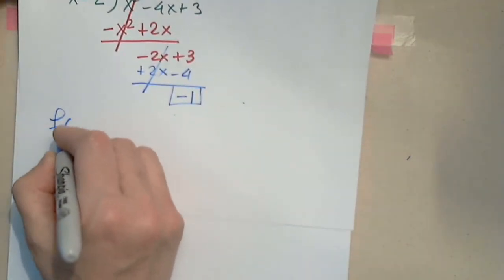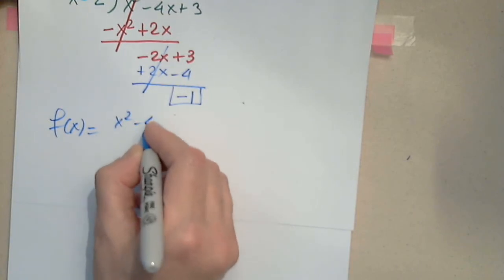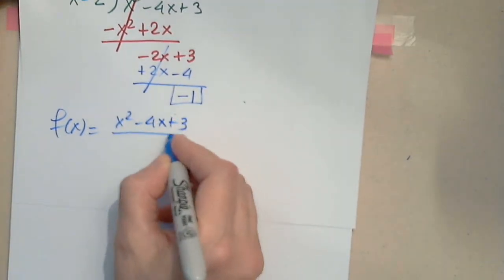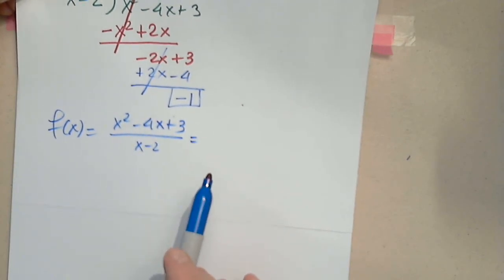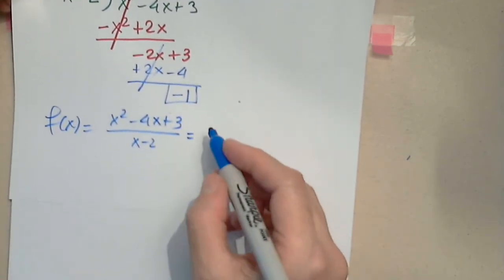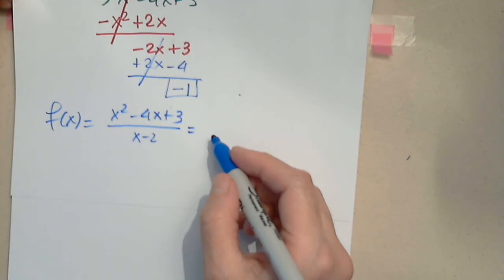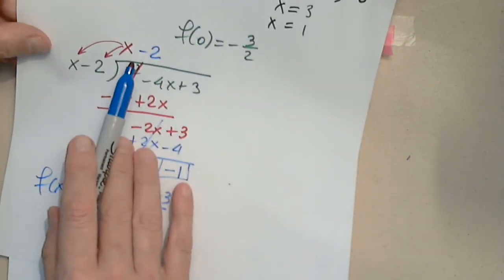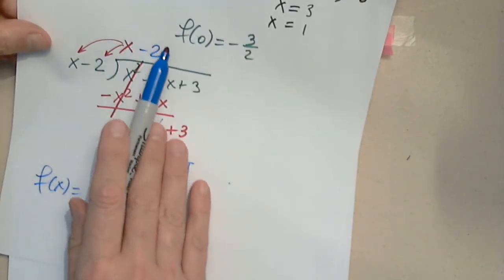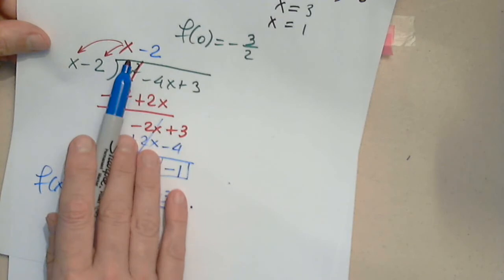So the function we started with, x squared minus 4x plus 3 over x minus 2, can be written as the quotient. What is the quotient? X minus 2.